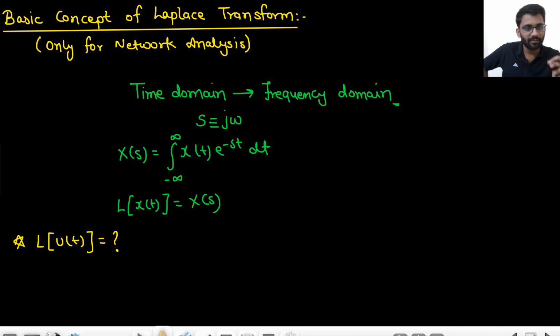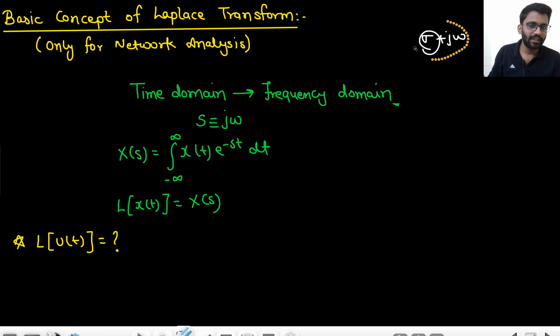A very deep analysis of Laplace transform I will teach you in signals and systems. You will understand the real difference between the Fourier transform and Laplace transform there. But here, for network purposes, time domain to frequency domain, that's what you need to remember. And s is equivalent to jω. Actually it is equivalent to σ + jω, but we will understand this point in signals and systems.